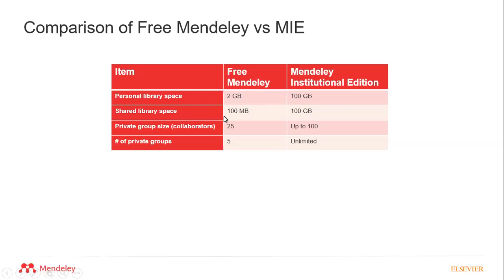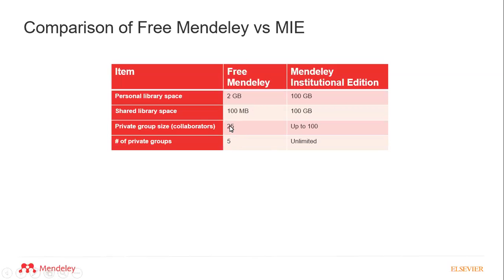Then the shared library: a free account user can only share up to 100 meg. An institutional edition user can share up to 100 gig. Another one is if you use it for collaboration, a free user is only allowed to create 5 private groups and 25 members within your groups.